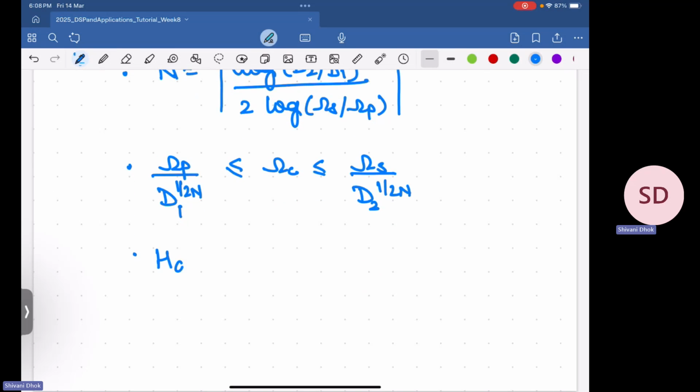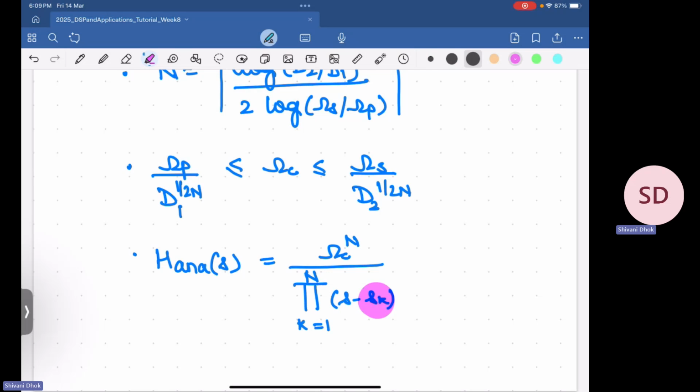The analog low pass filter transfer function is given by omega c to the power n divided by the product of k running from 1 to n of s minus sk, where these sk's are the poles of the Butterworth filter.